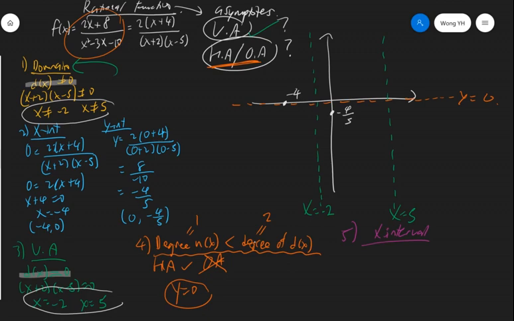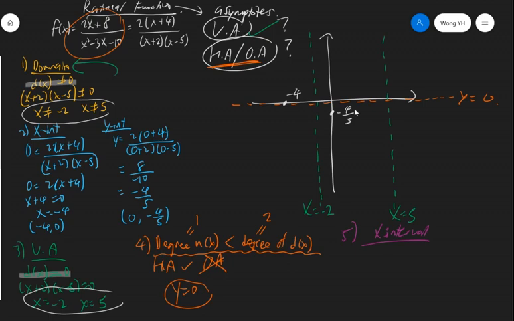We can split the graph into several parts, and we can roughly know whether that part of the graph is above the x-axis or below the x-axis. So you need to find the x values that divide the graph into several parts.